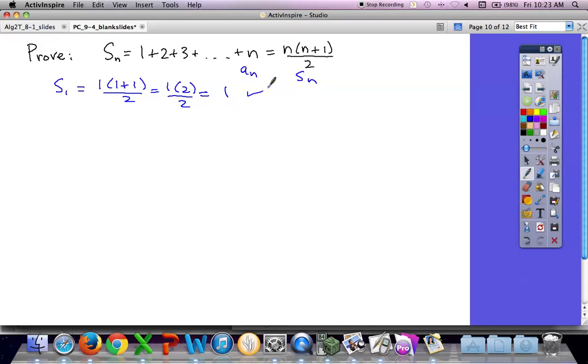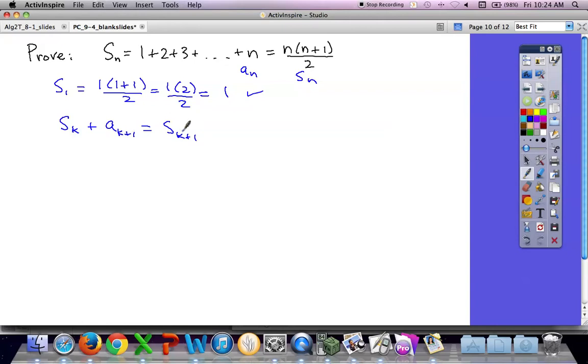Next, I would always write down this: S_k plus a_(k+1) equals S_(k+1). That is always true. If you take the sum of the first k terms and you add the next term, you have the sum of the first k plus 1 terms.